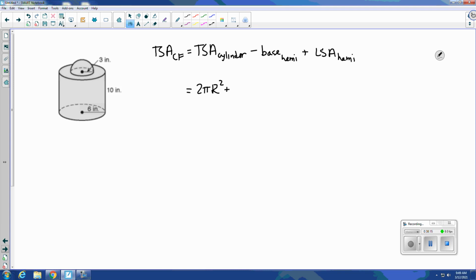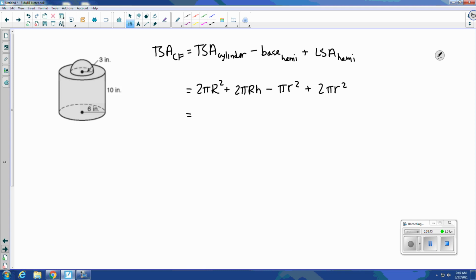The rectangle's length is the circumference of the circle, so 2 pi R, and then times the height of the cylinder, which represents the width of the rectangle, so h. And then we're going to do minus the base of the hemisphere, which is pi, we'll use lowercase r squared. Then we'll add in the lateral surface area of the hemisphere, which is half the surface area for the sphere, which is 2 pi r squared.